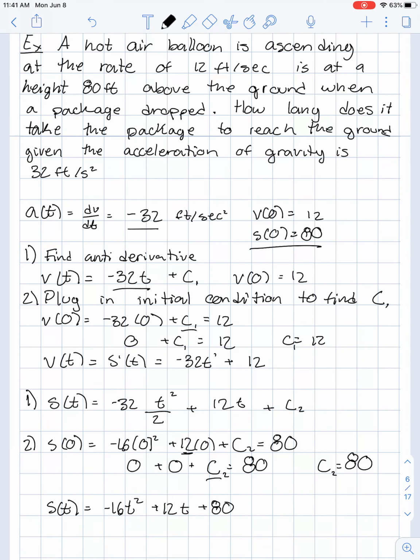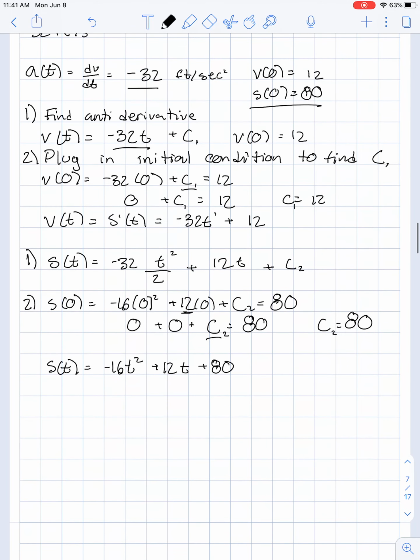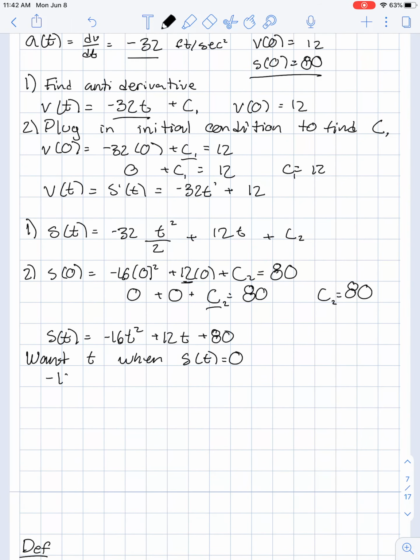It didn't ask, I don't think, for just the position equation. We were asked how long does it take the package to reach the ground? So we want to find the time when our position is 0. We usually call the ground 0, okay? So we're going to let negative 16t squared plus 12t plus 80 equal 0.